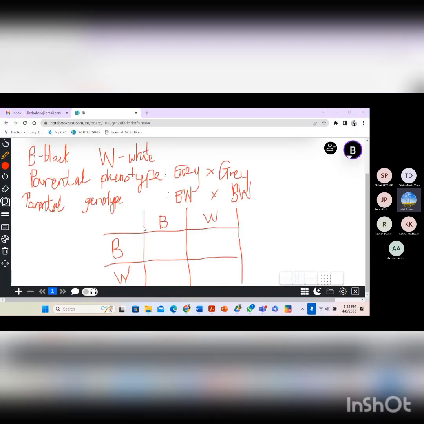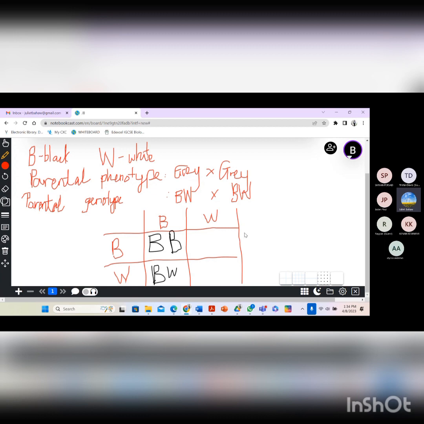All right, so by now you should know top multiply by side. So in this first square, you're going to get two big B's, right? What are we getting in the bottom square here? BW. Right?